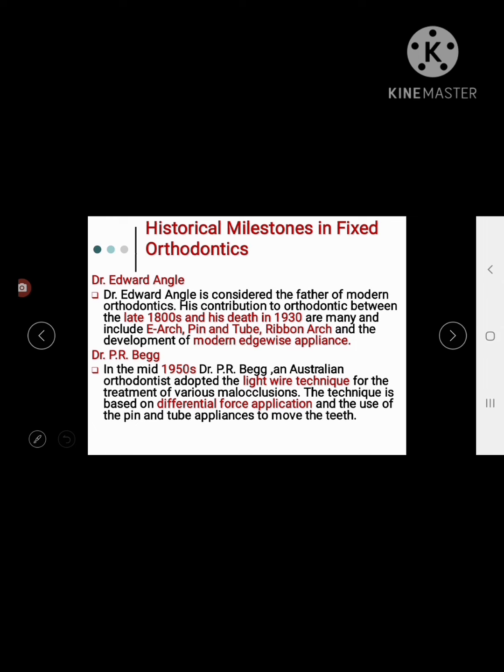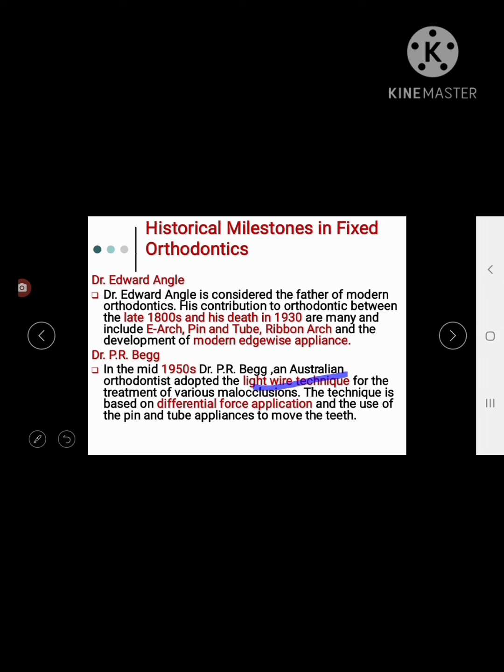Dr. P. R. Begg was also another contributor in the mid-1950s. Dr. Pierre Begg, an Australian orthodontist, adopted the lightwire technique for the treatment of various malocclusions.